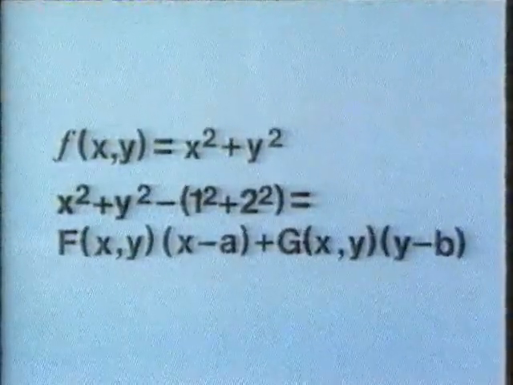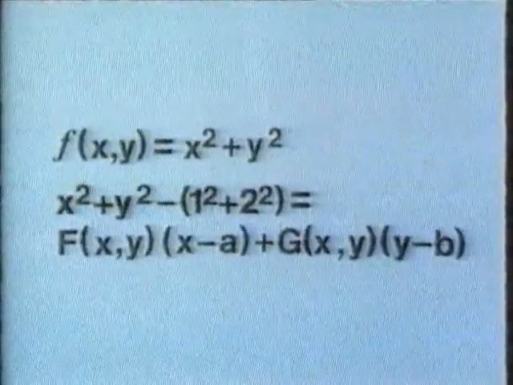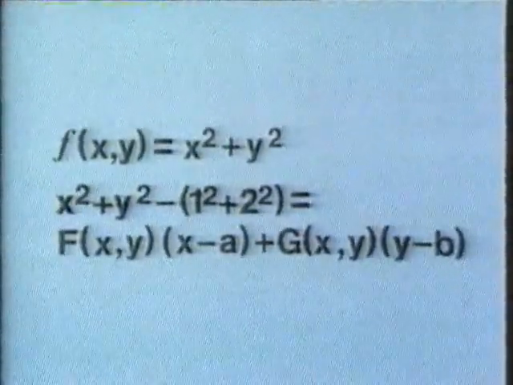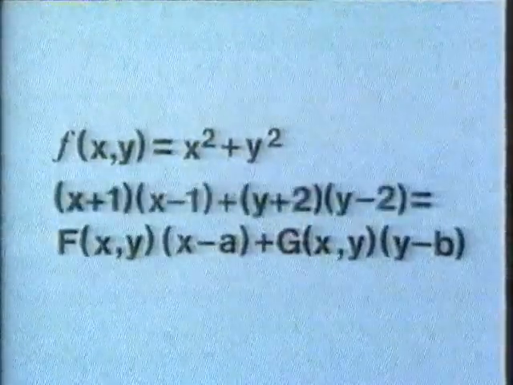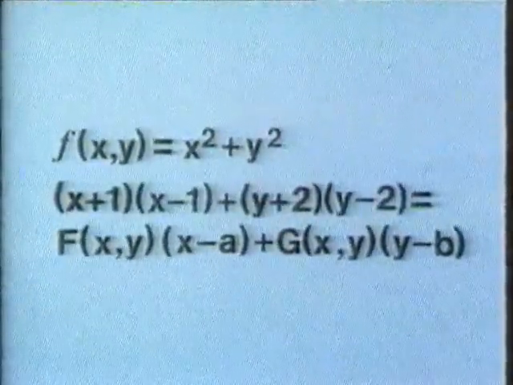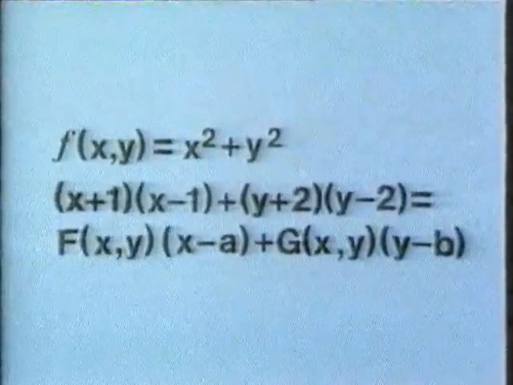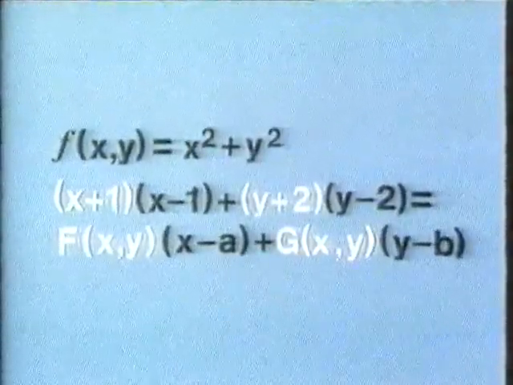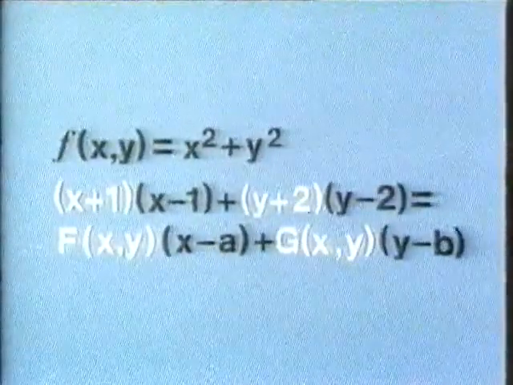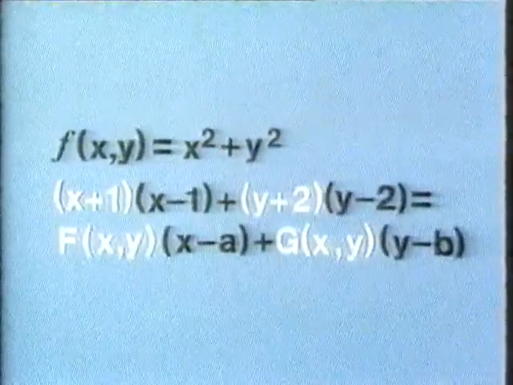We now need to rearrange this to find candidates for our functions f and g. And we do this by taking out factors x minus 1 and y minus 2 like this. So, candidates for f and g are the functions x plus 1 and y plus 2. We know these are continuous everywhere, and certainly at the point 1, 2, where they have values 2 and 4.